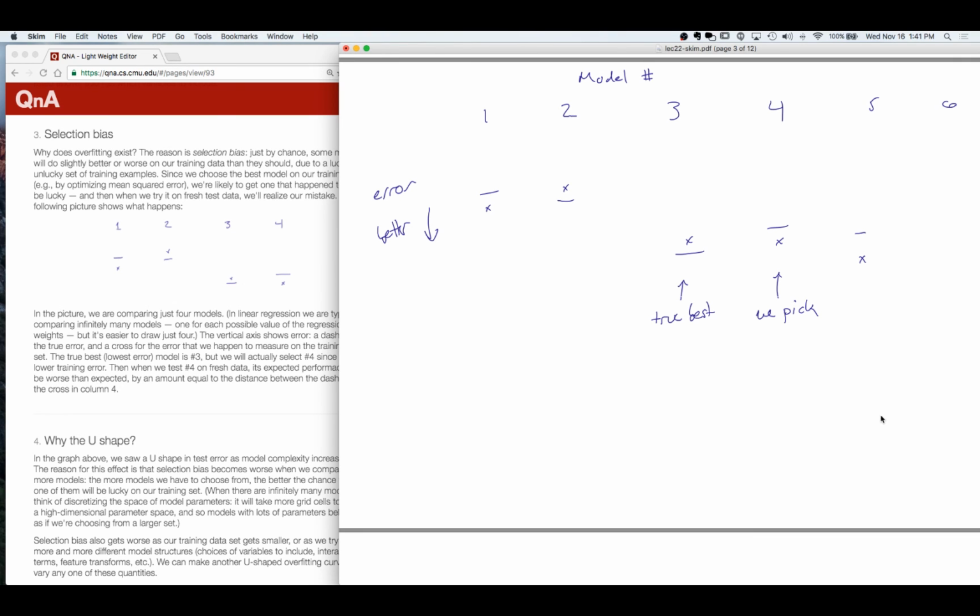Let's draw it this way, where model 5 is a little worse than model 4, but it has a little bigger positive error estimate. And maybe model 6 is almost as good as model 3, but it still has a slightly bad error estimate. And so now instead of picking 4, we'll pick 5.